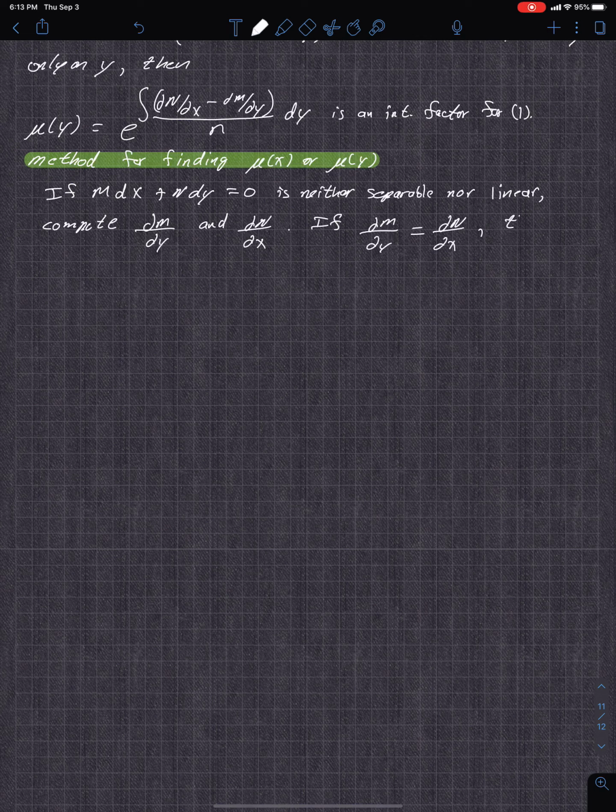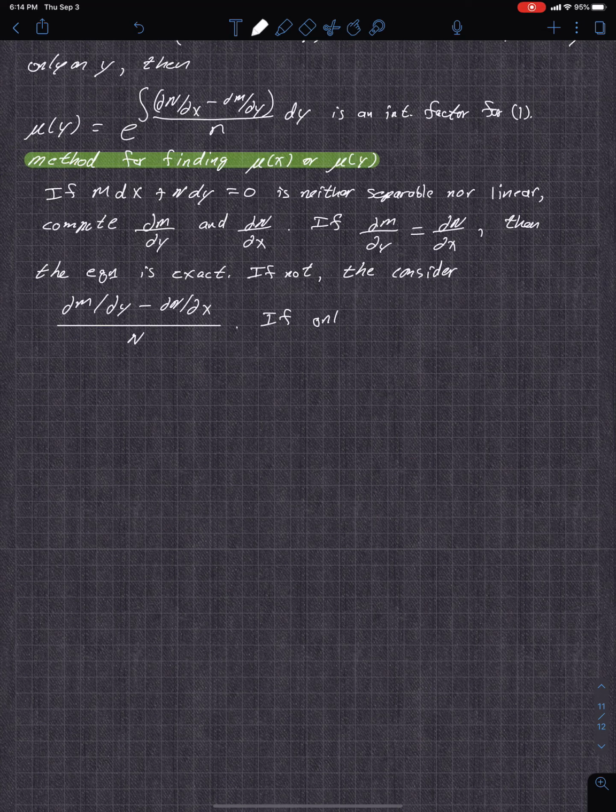If not, then we consider the mu above. Consider calculating partial M partial y minus partial N partial x over N. We have to check that, though.